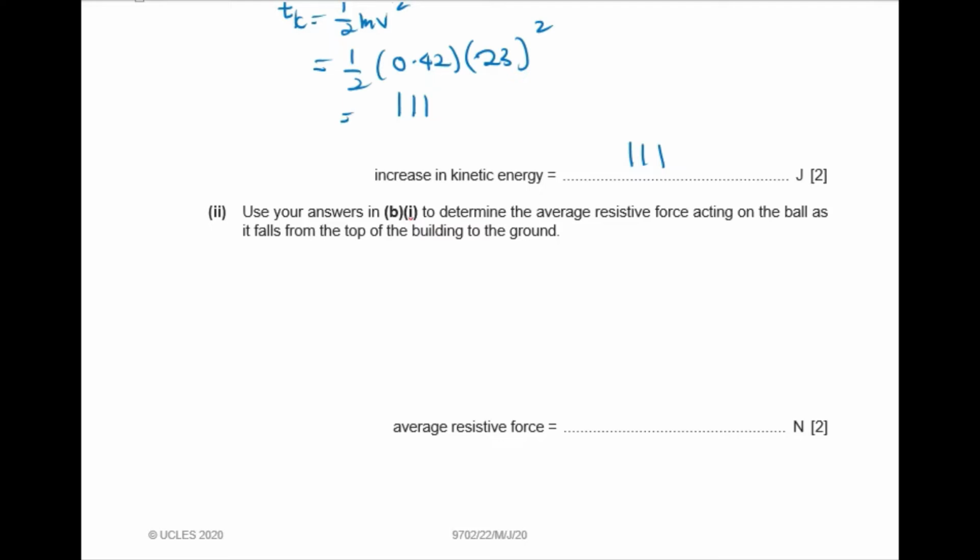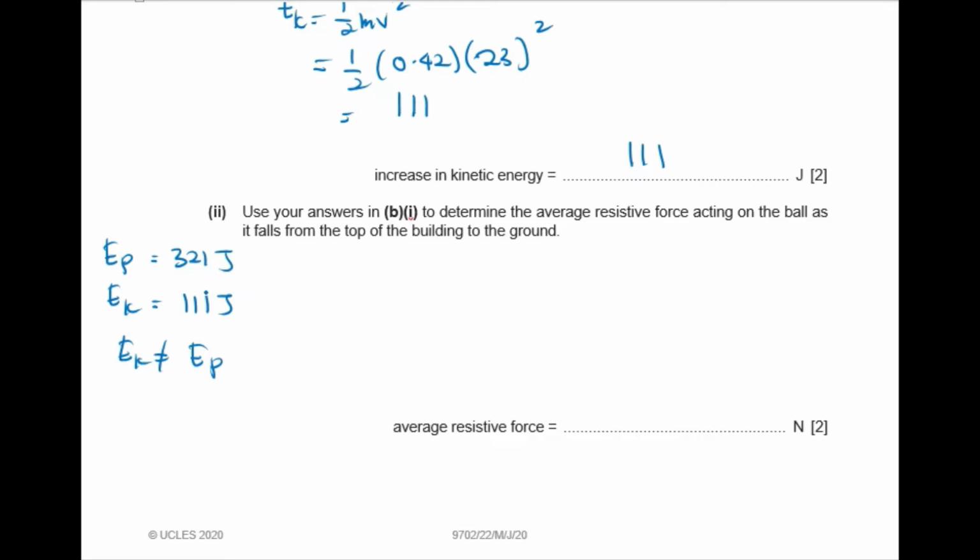2. Use your answer in B2 to determine the average resistive force acting on the ball as it falls from the top of the building to the ground. Okay, so we know that the gravitational potential energy of the ball is 321 joule and the kinetic energy is 111 joule. So the kinetic energy is not equal to the gravitational potential energy. Some energy is lost due to the resistive force.